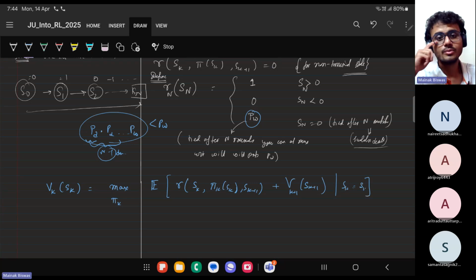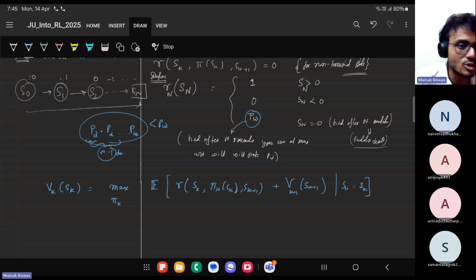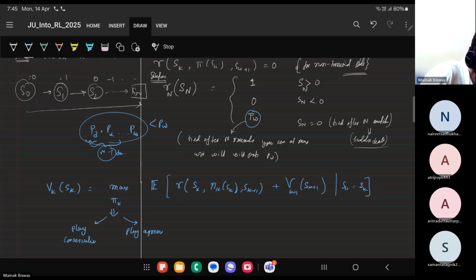So now I tell you, I have to select the best action. So what are the possible actions? What are the two actions I have? Can you tell me? Pi k, the two actions are play conservative and play aggressive. Yes or no? These are the two actions I have, right?